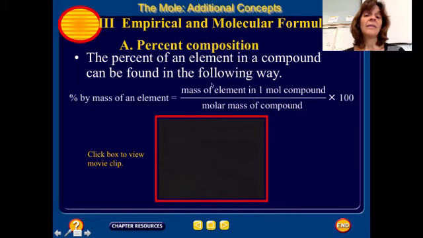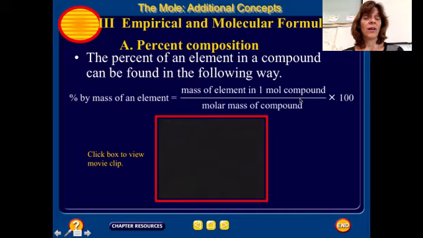So we want the mass of the element in the compound over the molar mass times 100. So for instance, if you're doing water, you would take the mass of just the hydrogen divided by the mass of the water times 100. So 2 grams of hydrogen for 18 grams of water gives you a certain percentage of hydrogen in that water.